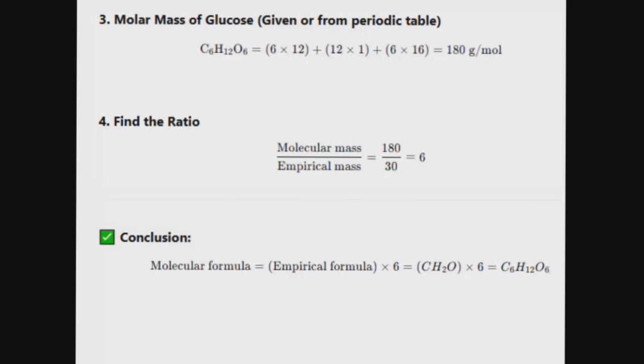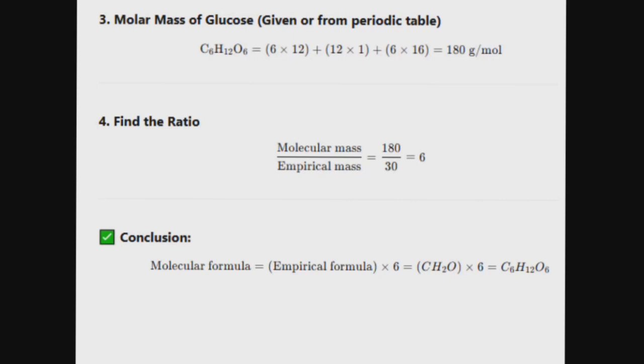So to find the molecular mass here, all we need to do is to multiply the number of moles we have here with the mass. So this is 6 times 12 plus 12 times 1 plus 6 times 16, which is going to give us 180 grams per mole.